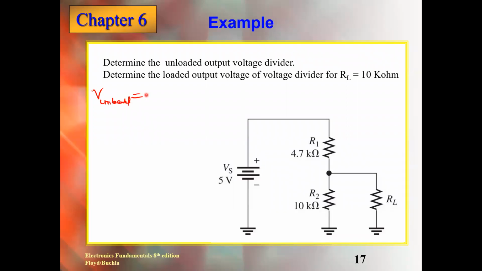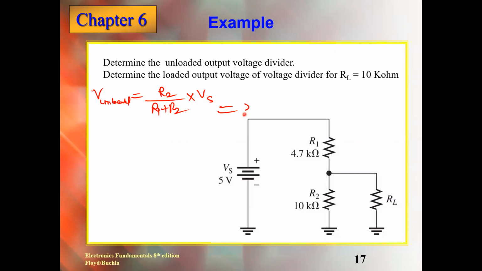What will be the formula for the unloaded? R2 divided by R1 plus R2, multiplied by VS. That's it. So this way you can calculate.